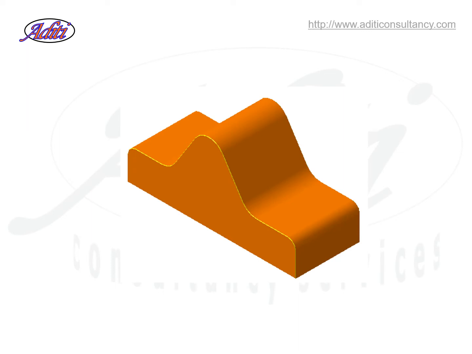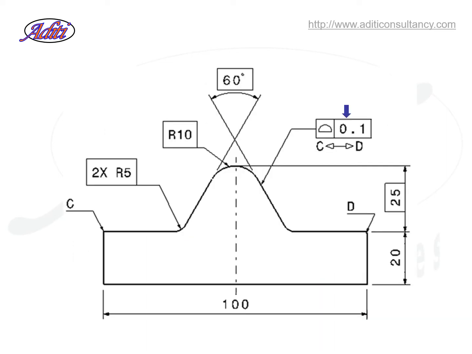If the design requirement of this part calls for controlling only the top surface of this part, excluding the two side and bottom planar surfaces, then the drawing will look like this. Here, below the feature control frame of this profile of surface tolerance, a symbol like this is shown.